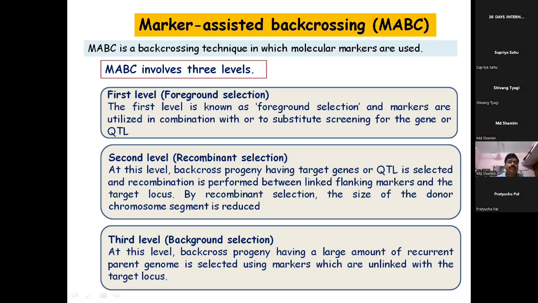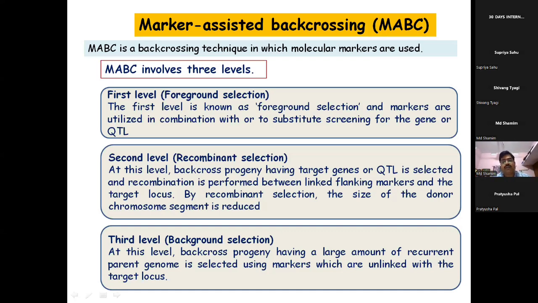But in marker assisted backcrossing, there are basically three steps. The first level is foreground selection. In the first level, we check whether the desired gene has been transferred to the progeny or not with the help of molecular markers. Then, in the backcross population, we confirm the recombinant condition.